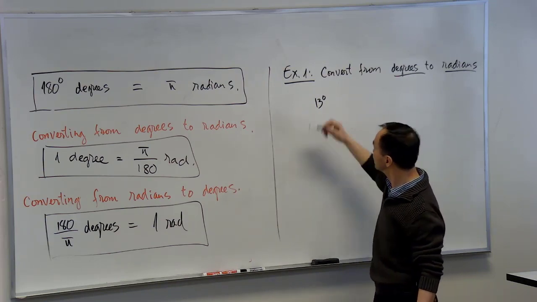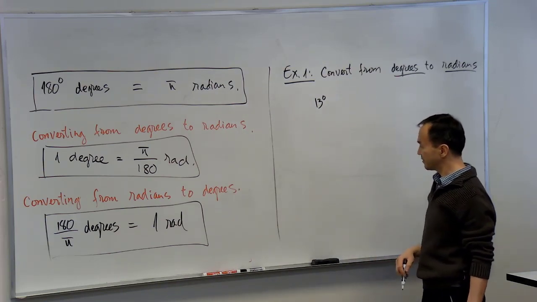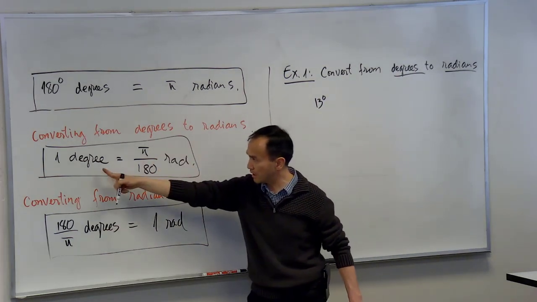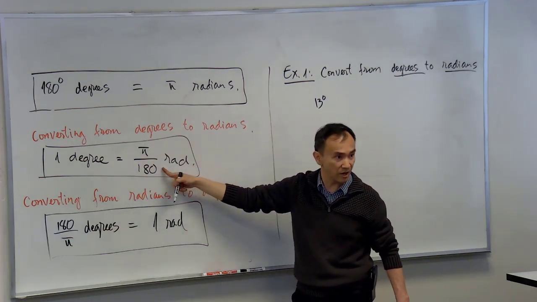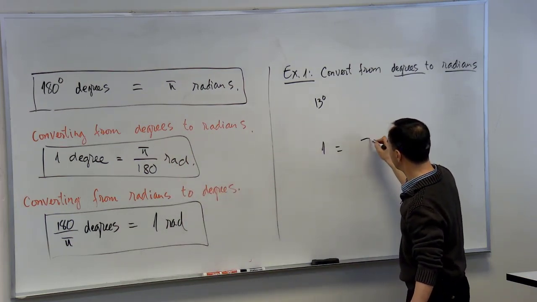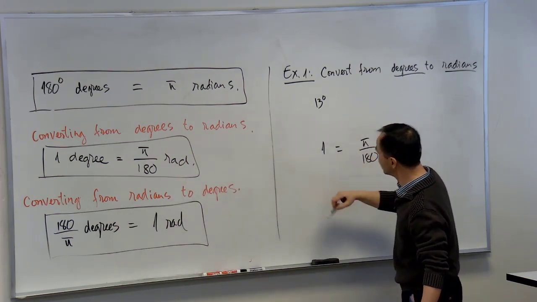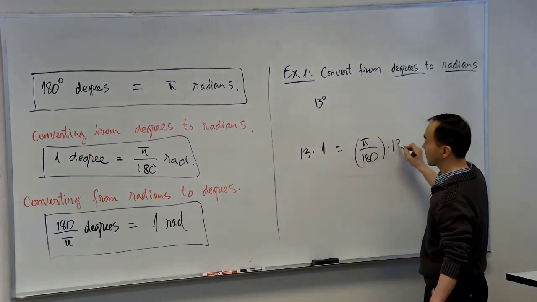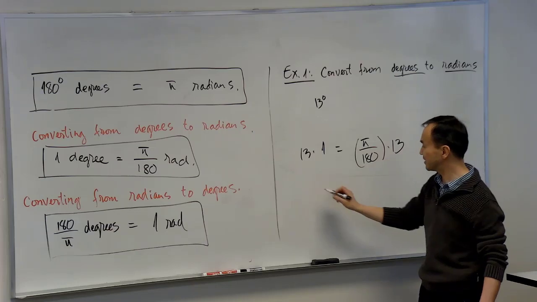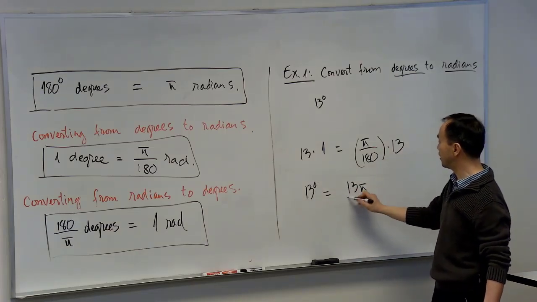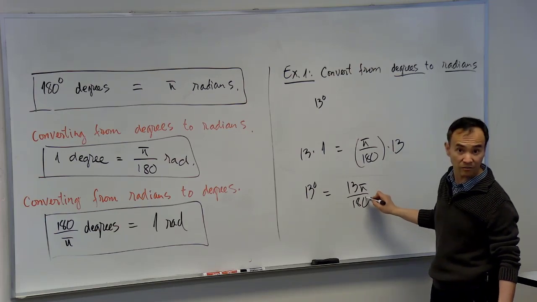So 13 degrees. Here's how I see it. We're going from degrees to radians. 1 degree is pi over 180. So for 13 degrees, you just multiply 13 to both sides. So 13 degrees comes out to what? 13 pi over 180. That's the radians.